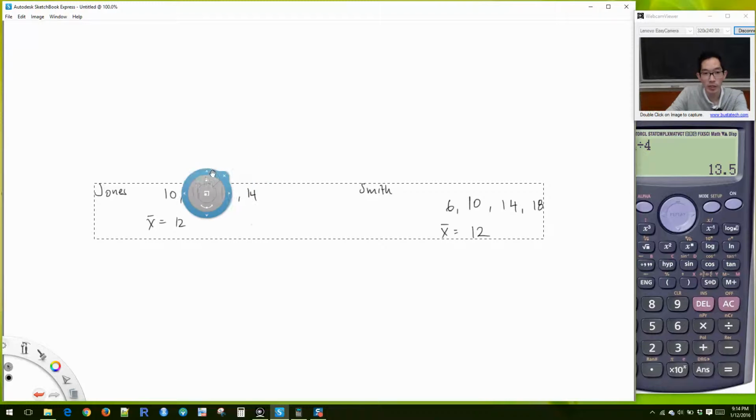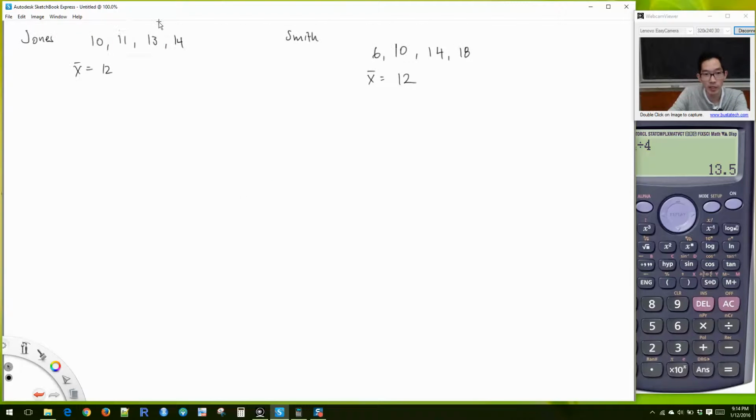Okay, so let's talk about calculating the standard deviation. The symbol is S. The standard deviation, S, you can think of as the square root of the variance.